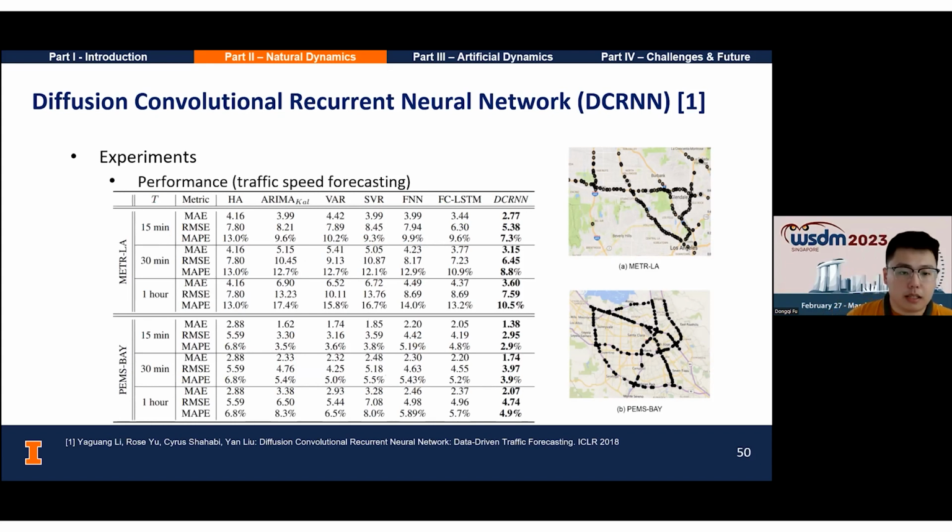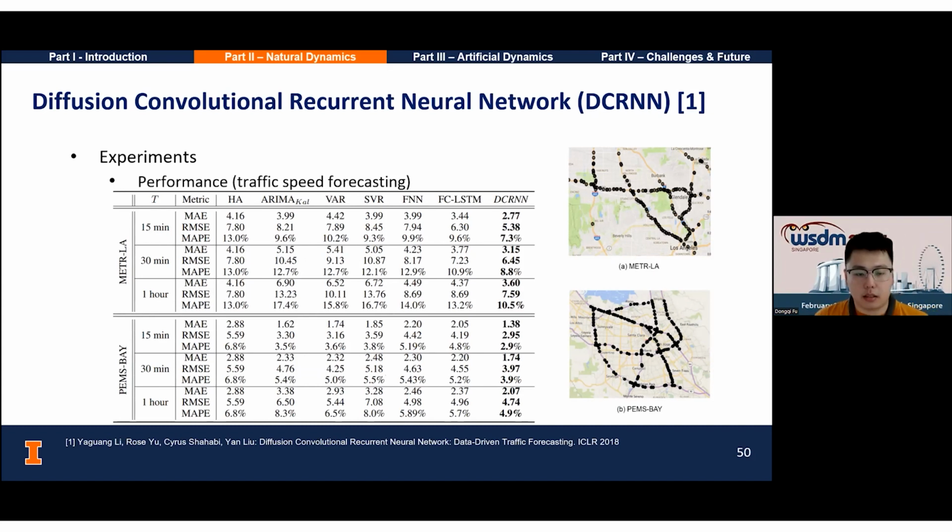For the performance, we can see that the first column stands for the time interval we are going to predict. For example, we have 15 minutes, 30 minutes, and 1 hour, at 3 different time intervals.